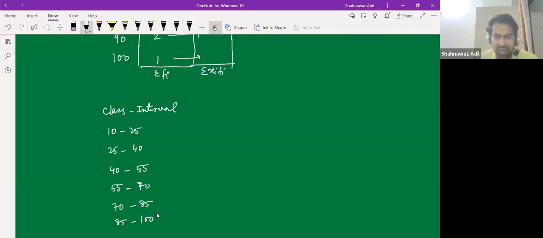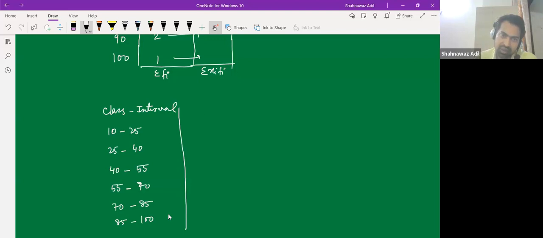You have compacted that bigger data. In this way, you can also take the range larger, like 10 to 30, 30 to 50, 50 to 70, 70 to 90, something like that.